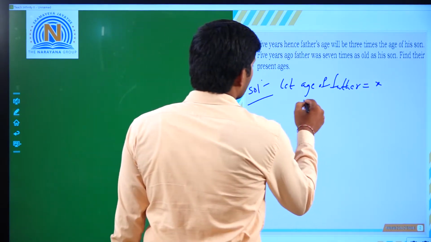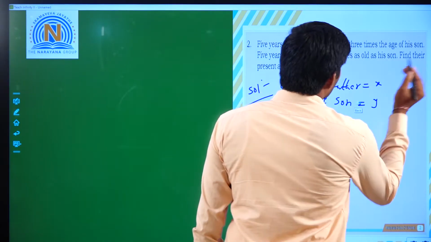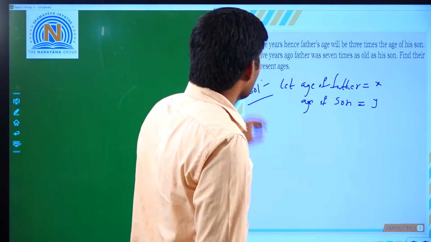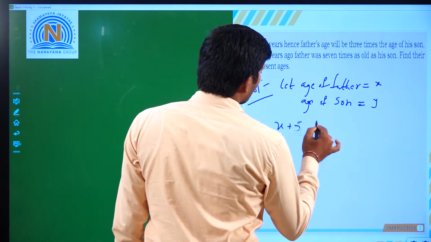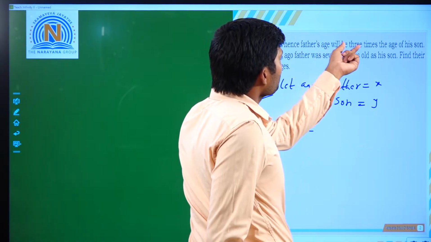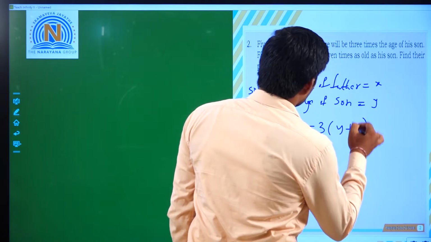Next, the age of son is equal to y. Now the first statement: 5 years hence will become in the future, that is x plus 5 is equal to, age will become thrice. 3 times means 3 into y plus 5.